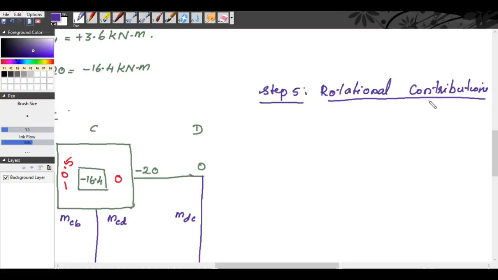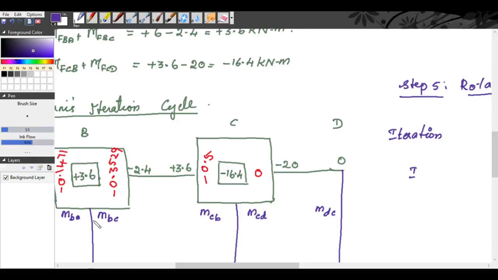Already we have seen it in our last few problems. So first we will go for iteration 1. If we open a tabular column, that will be easy for us. Iterations, first iteration. We need to find small m, right?